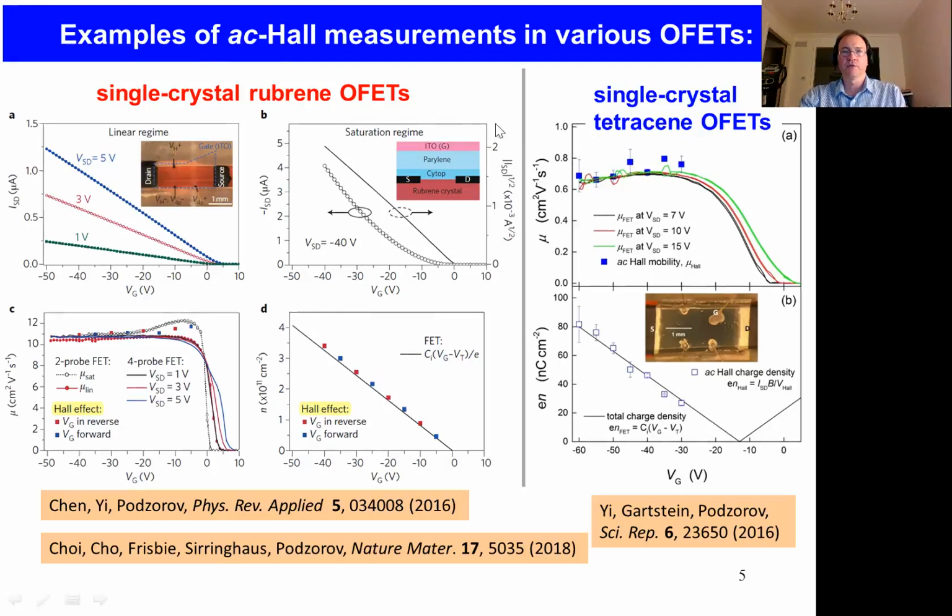Nevertheless, this high resolution AC Hall technique allowed us to resolve successfully Hall effect in the system. And surprisingly, the Hall effect measurements in this system show that the Hall effect matches the field effect measurements. So you can see the mobility is roughly matching the longitudinal mobility, and the carrier density is roughly matching the capacitively defined carrier density.